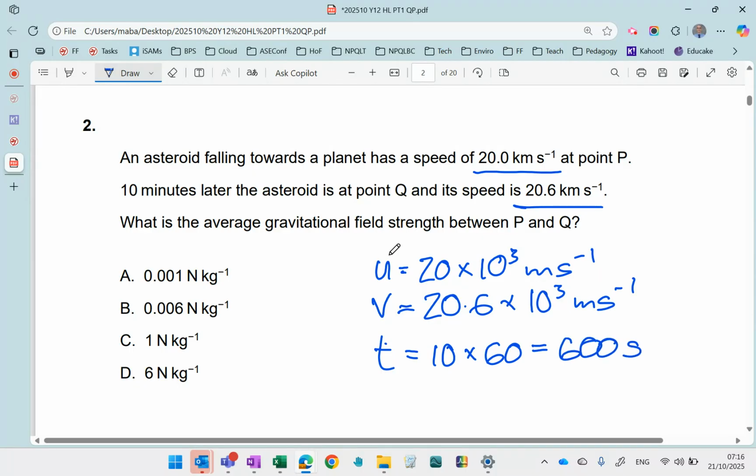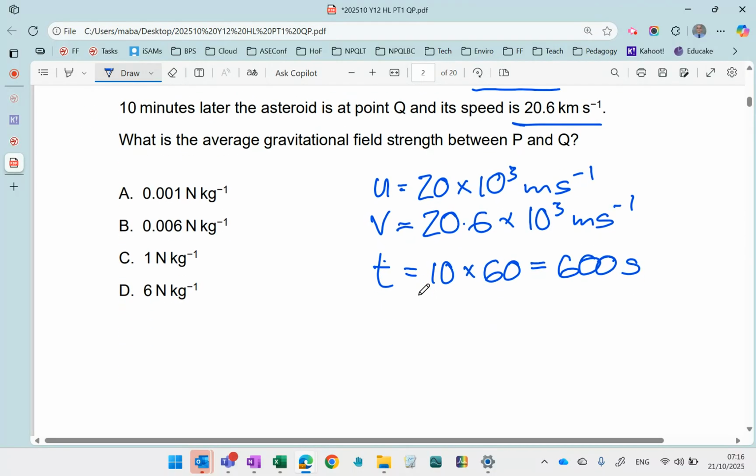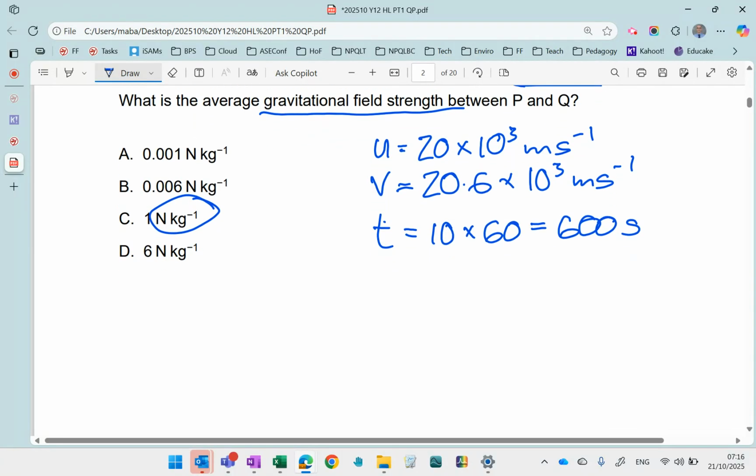And then it's asking us for gravitational field strength, and you notice that the units are newtons per kilogram. Now, you know that sigma F equals ma.